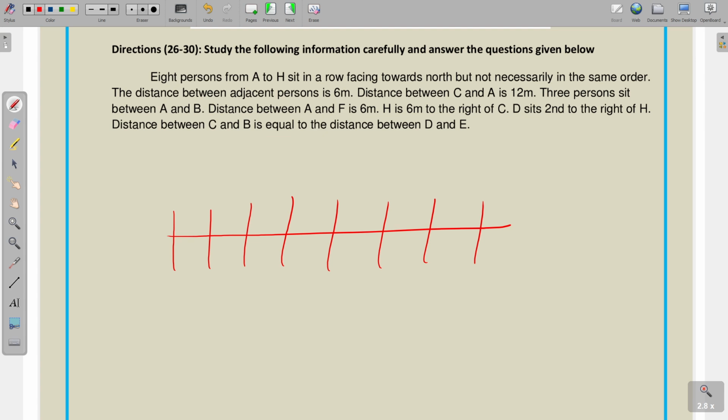And next, the distance between adjacent persons is 6 meters. So adjacent persons means the distance between any two persons is 6 meters, and also 6 meters.